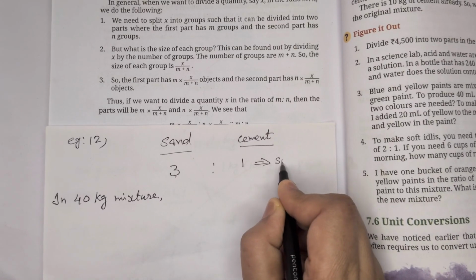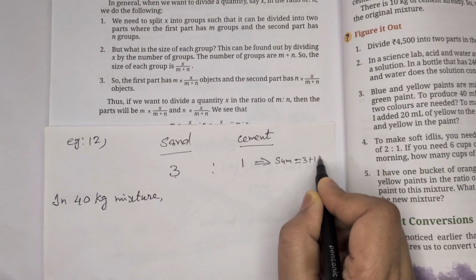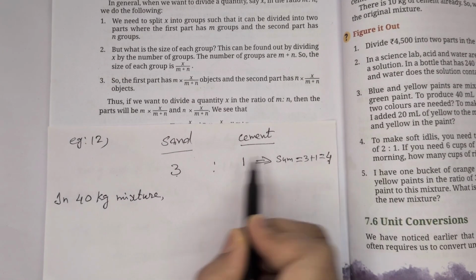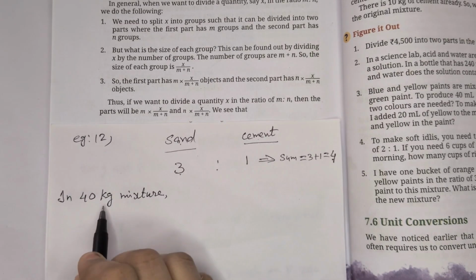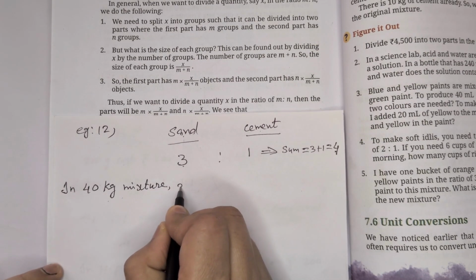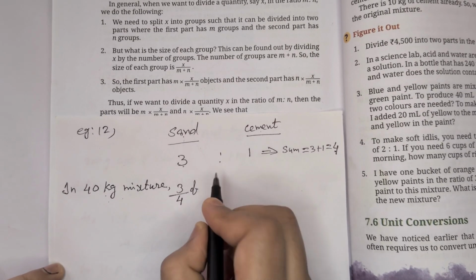Sum it will come as 3 plus 1, 4. Now out of 4 portions, 3 parts that is sand and 1 part is cement. In 40 kg mixture, how much sand is there? 3 out of 4 of 40 kg.